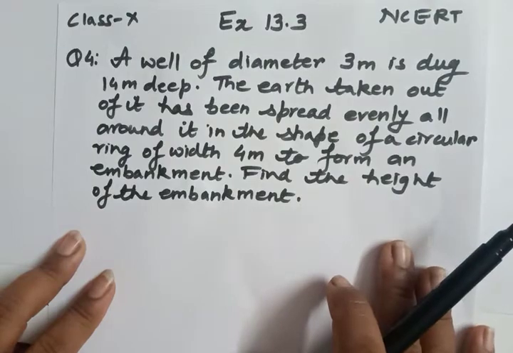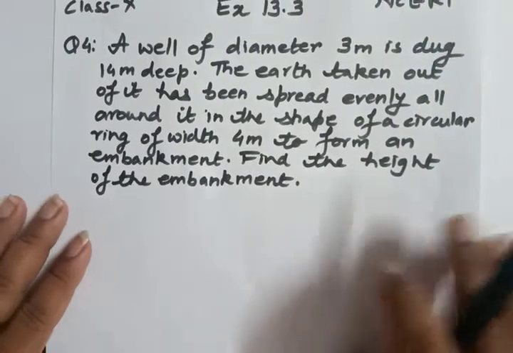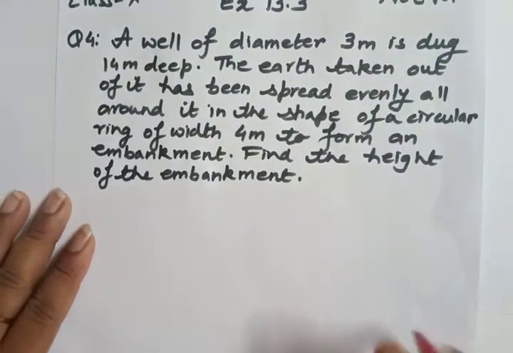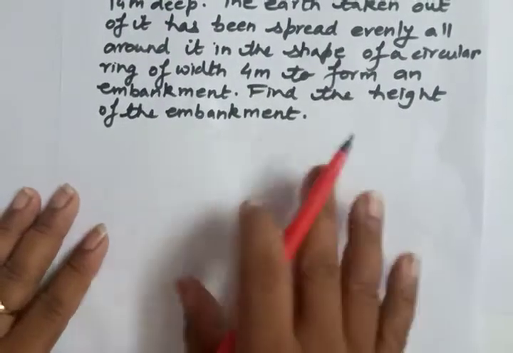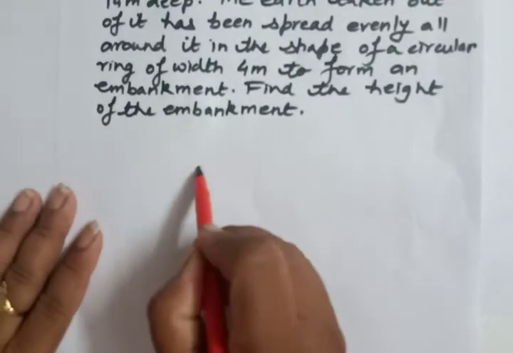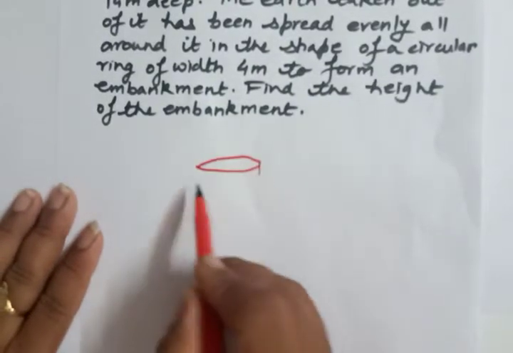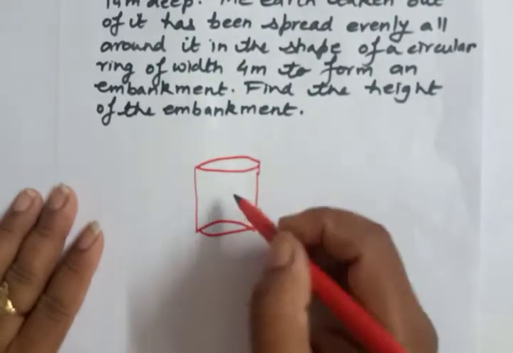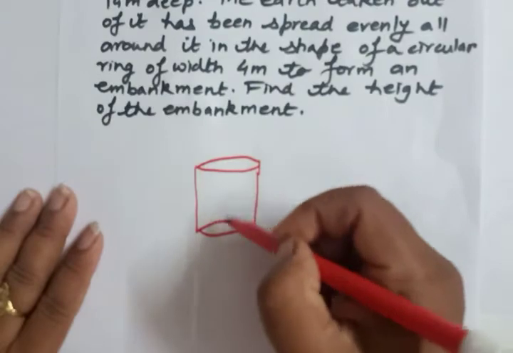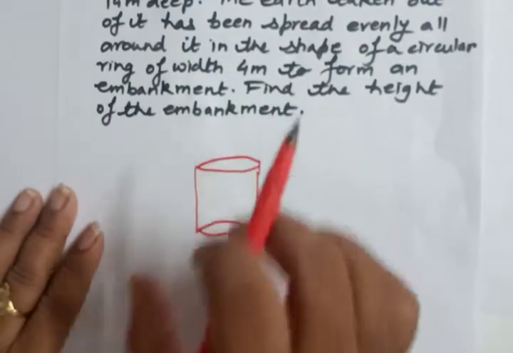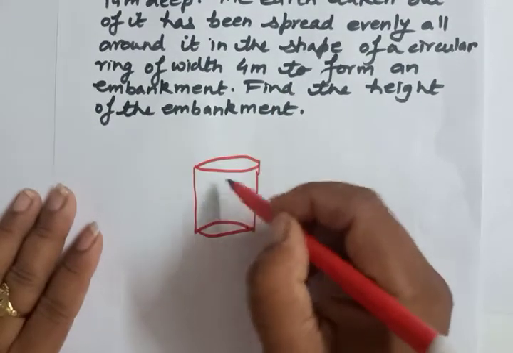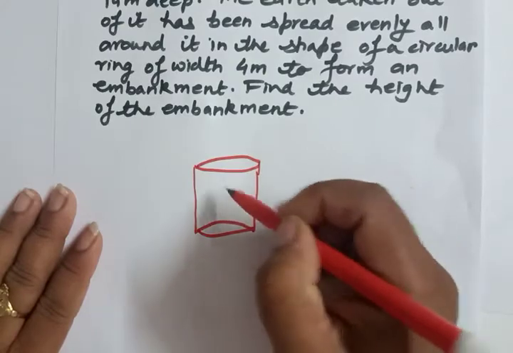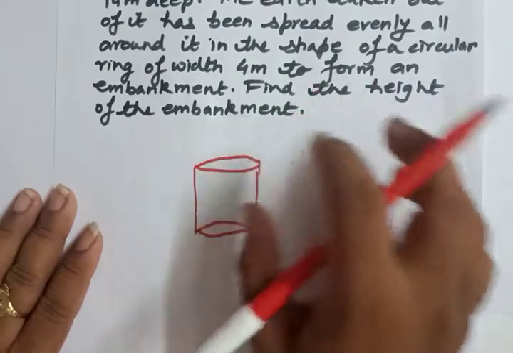So let me explain you with the diagram. Now this is the well. According to the question, this is the well. When they dug the well, जब उन्होंने well बनाया तो of course there is a lot of earth taken out. यहाँ पे well बनाने के लिए मिट्टी निकाला होगा बाहर.